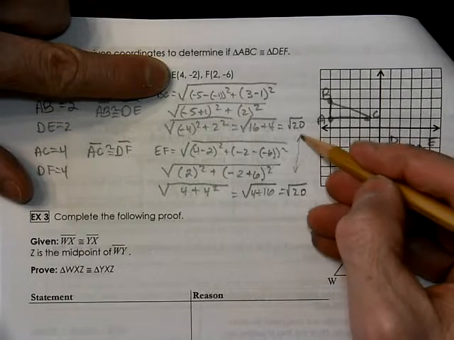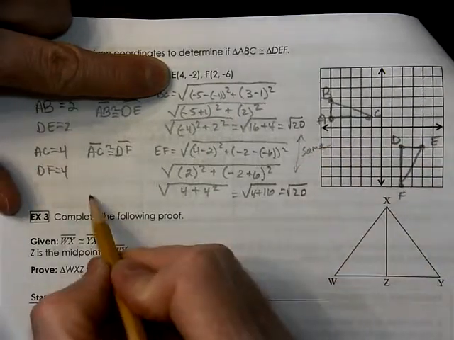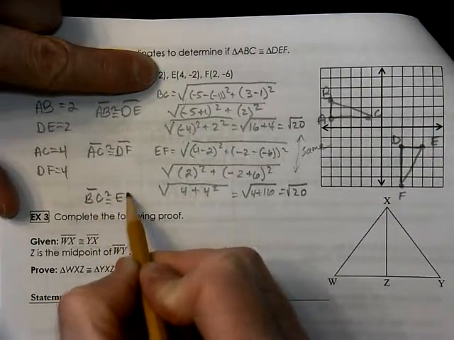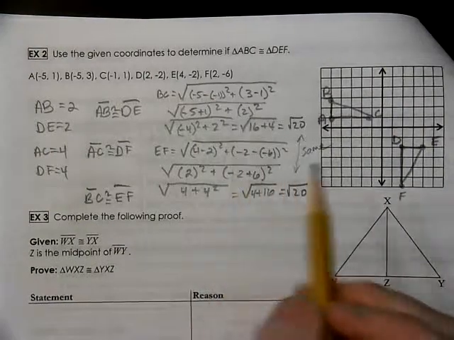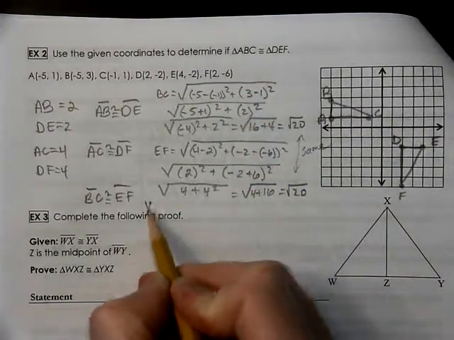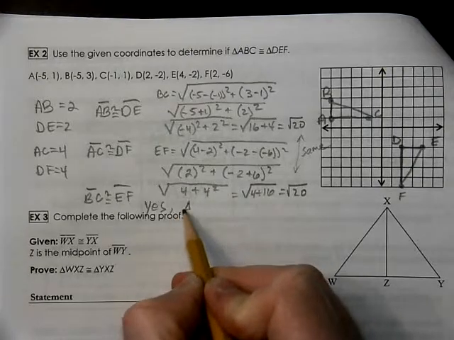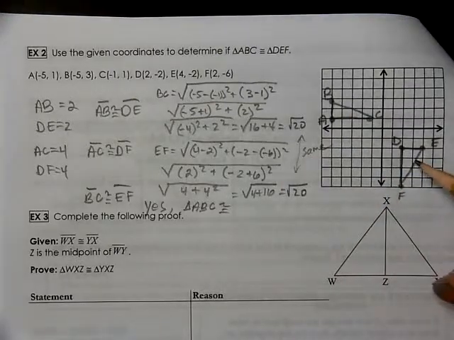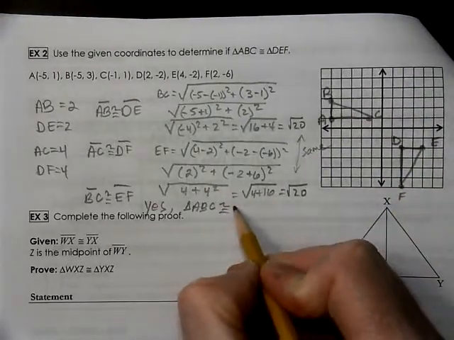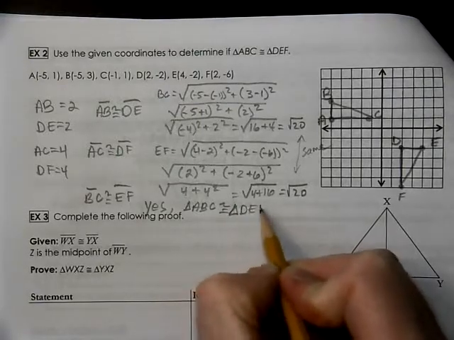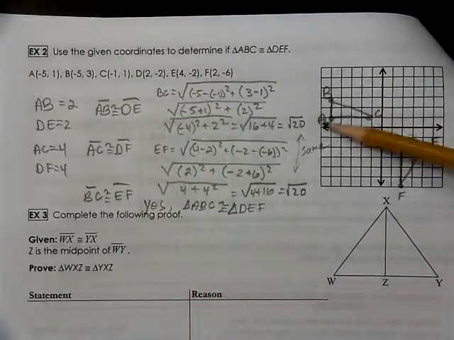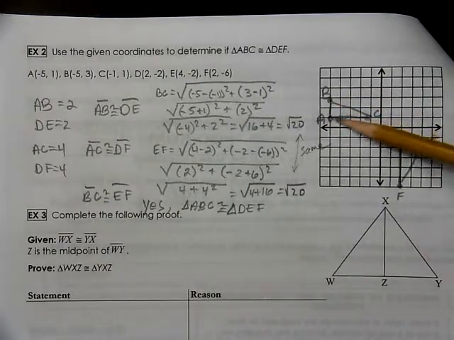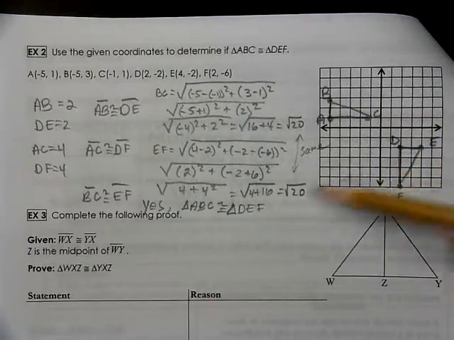These are the same. So we now know that we have BC congruent to EF. So now we can say that the triangles are congruent. Triangle ABC is congruent to triangle DEF. The order is correct because it's going from the biggest angle down the shortest side, down the longest side, and down the medium side. Same thing on that.